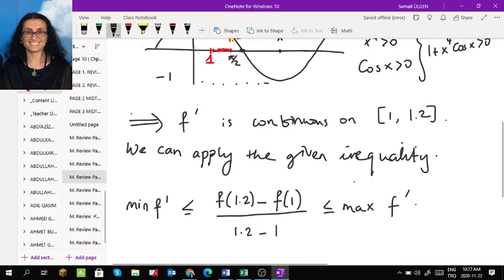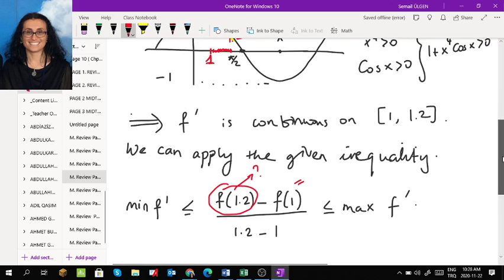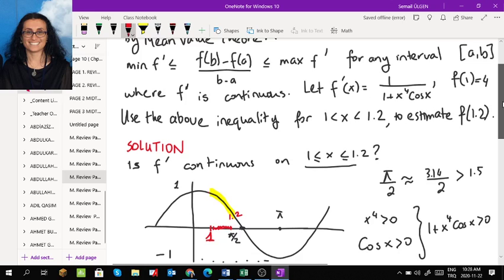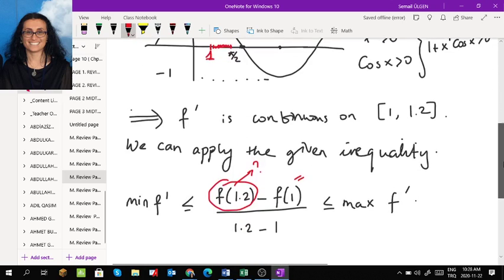They're asking us to approximate f of 1.2. And f of 1 is given to be 4. Let's go up here. Yeah, 4. So we put it in.